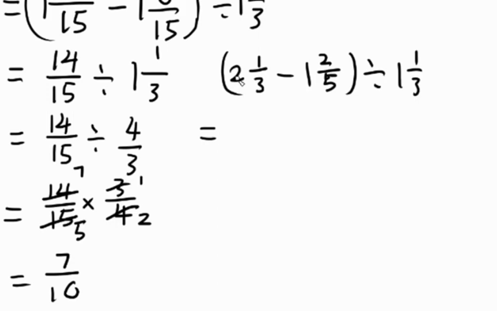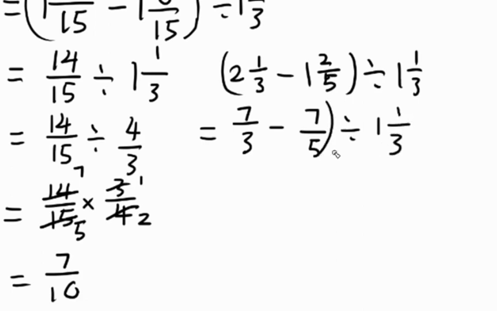So 2 times 3 plus 1 equals 7 over 3, minus 1 times 5 plus 2 equals 7 over 5, divided by 1 and 1 over 3. So now we can make the denominators the same. So we can also just multiply by 5 and multiply by 3.